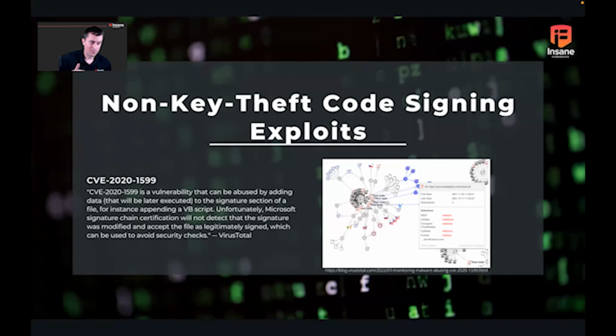This is a vulnerability from about 2 years ago, where the attacker was able to add data, add a Visual Basic script in this case, to the binary, and the signature chain didn't detect it. So just like we talked about in the example shown earlier, just because you have that green bar doesn't mean that there's not extra bonus material that's going to run that'll avoid that signature check.